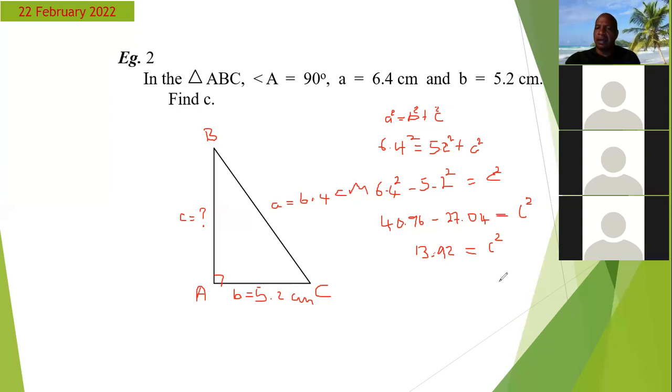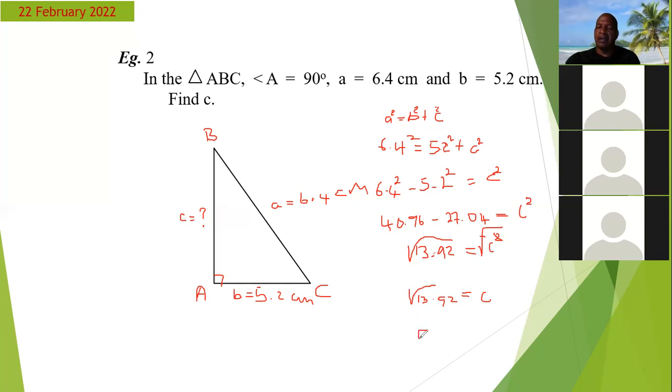Okay. All right, so from here now, you square root both sides of the equation. And so you know when you square root this side, the square root sign will cancel with the square. So in other words, you will get square root of 13.92 equal to C. And once you reach down here, you can always flip around the equation.